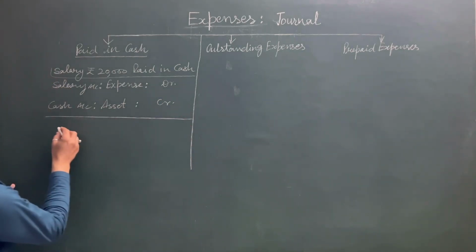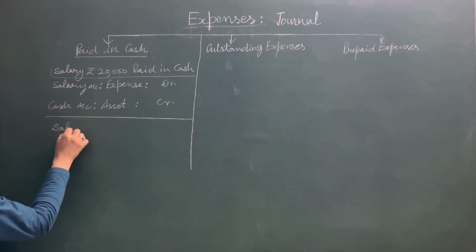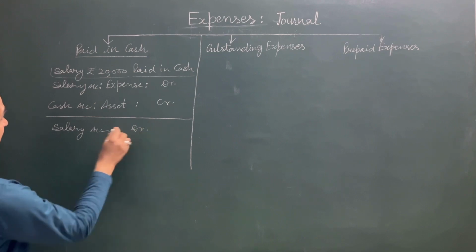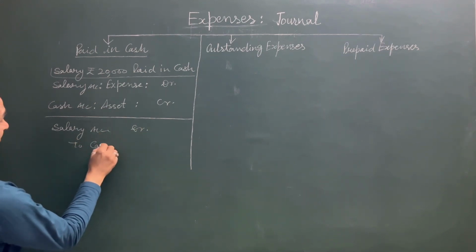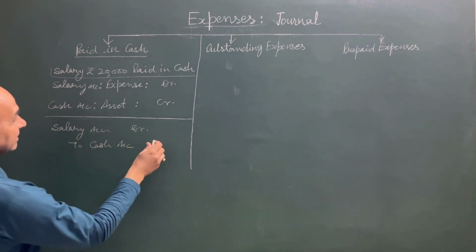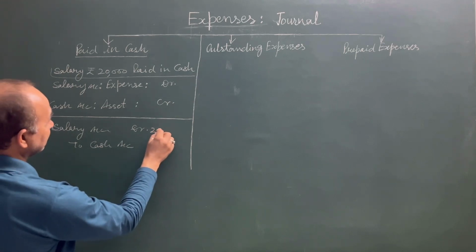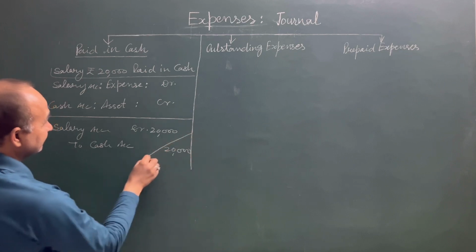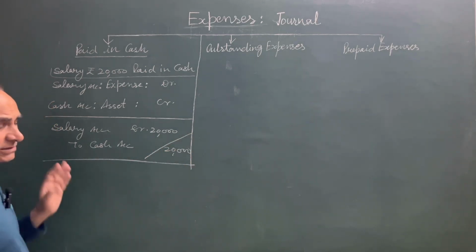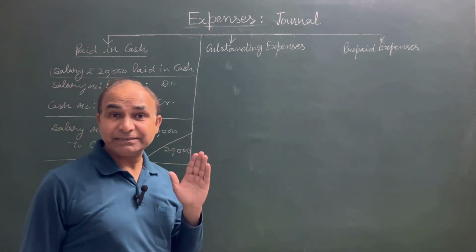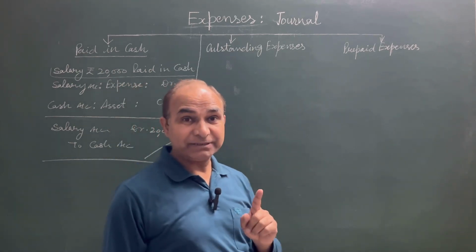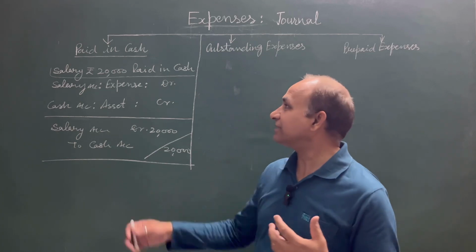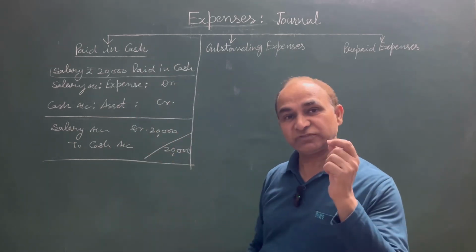So the journal entry in this case is salary account debit to cash account, 20,000. You have to pass this journal entry in the proper format. So the first case, when expenses are paid in cash and the benefit has been received or is likely to be received in the current year, this entry is passed for that.